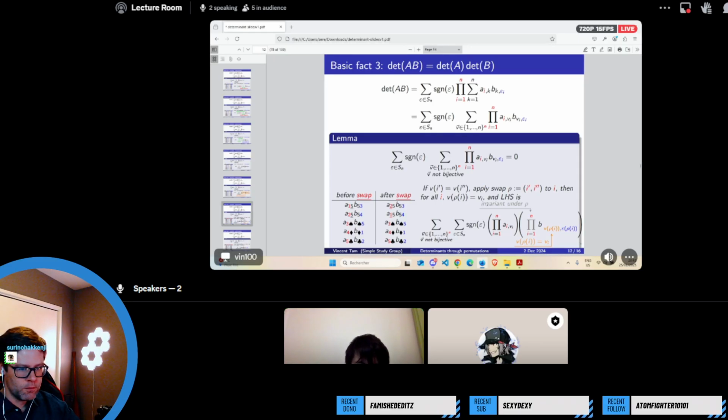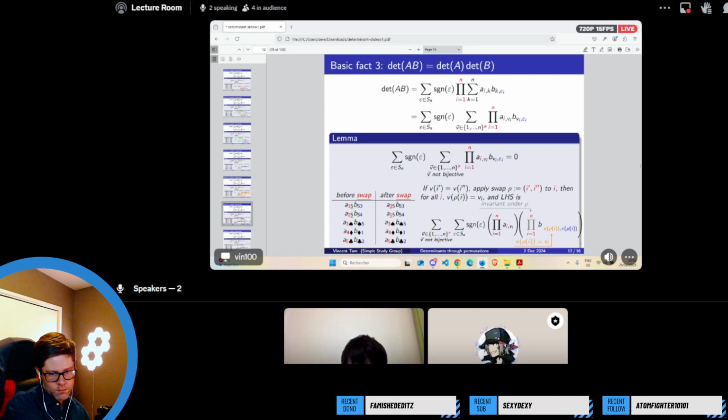So to solve this dependence problem, we apply the swap to the row index. And then we'll find that, because these two inputs, i' and i'', give the same function value under v, whether I swapped the input or not will have no influence on the function value.